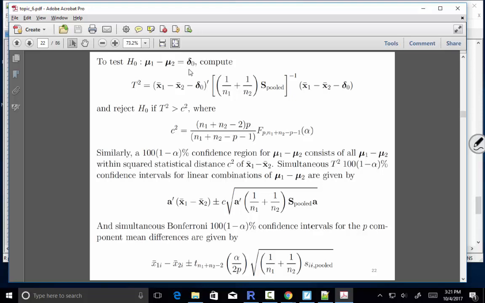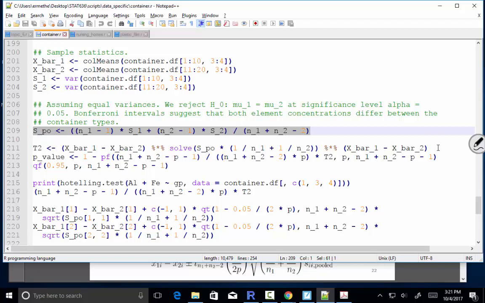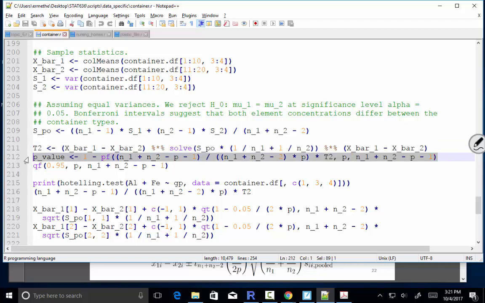Typically, that's the 0 vector. And then we have to compute this pooled covariance matrix, which is defined on the previous slide. So in my notes, here's computing the pooled covariance matrix. Here's computing the two-sample t-squared statistic. Here's a p-value. Just like above, it's a tail probability in a scaled F.